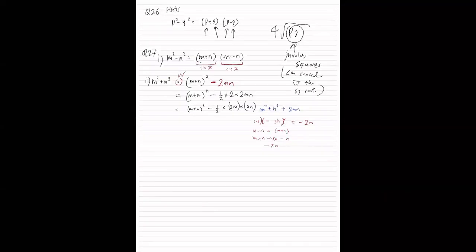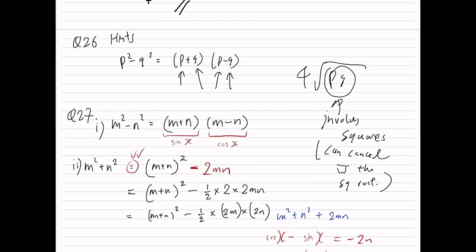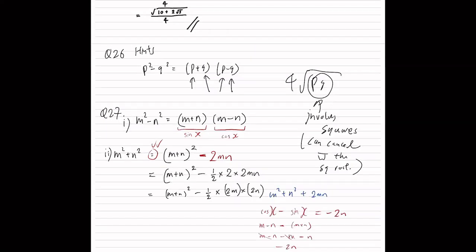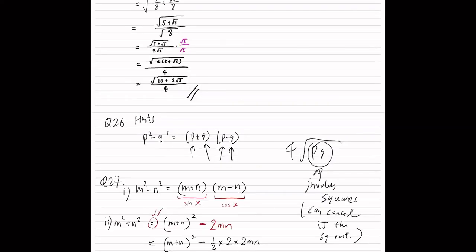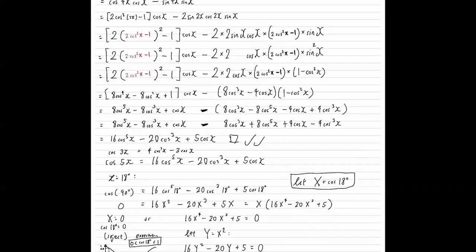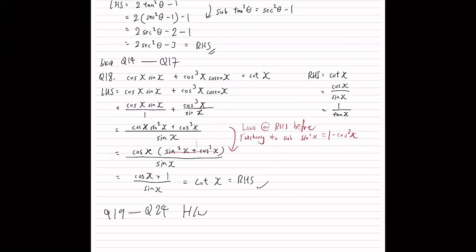Oh yeah. Have you tried question 26, question 27? From the very first worksheet. The HW Trigo proof questions, question 19 to question 24 and 26 to 27. I think. Did I not assign that?